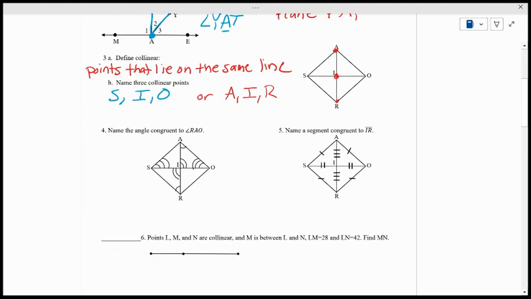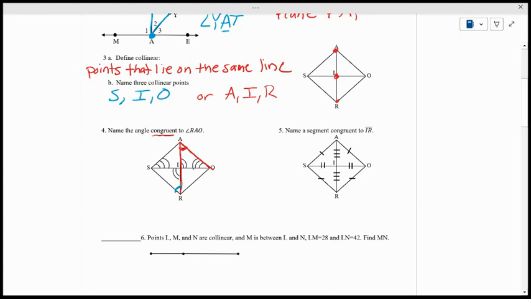Number 4. Name an angle congruent to angle RAO. I always trace when I go through these, so RAO. That angle has 1 arc mark. So I'm looking for the other angle that has 1 arc mark, which is down here.